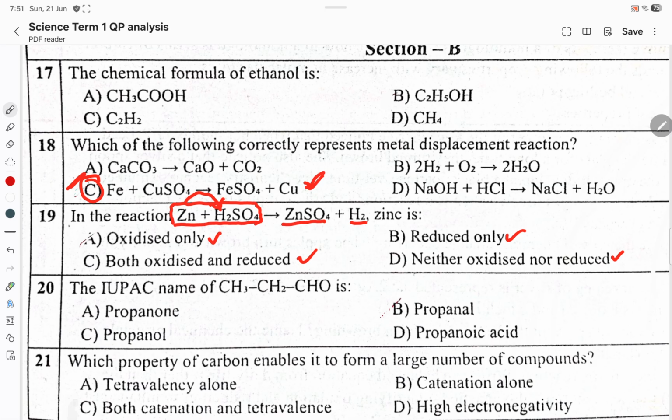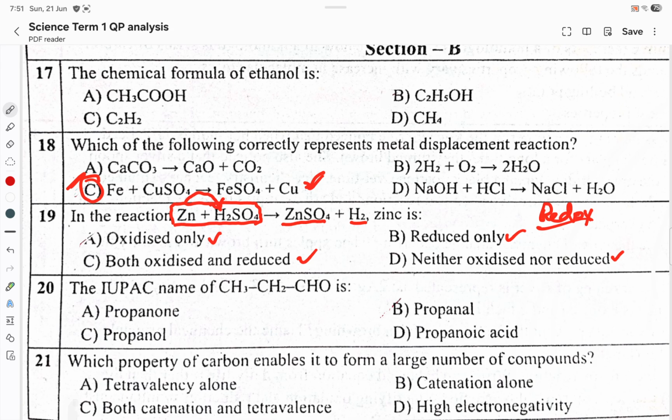Now, this is also an example of a redox reaction. We know a redox reaction is one in which both oxidation and reduction take place simultaneously. In this reaction, both are there.